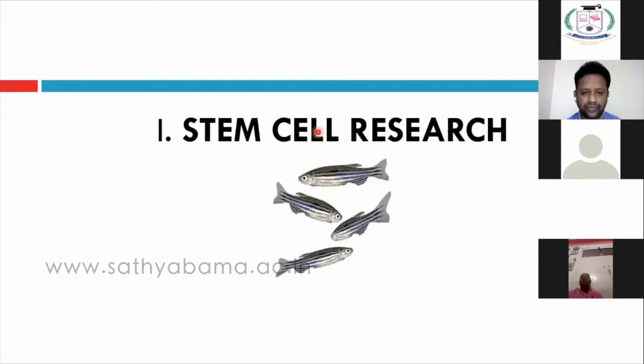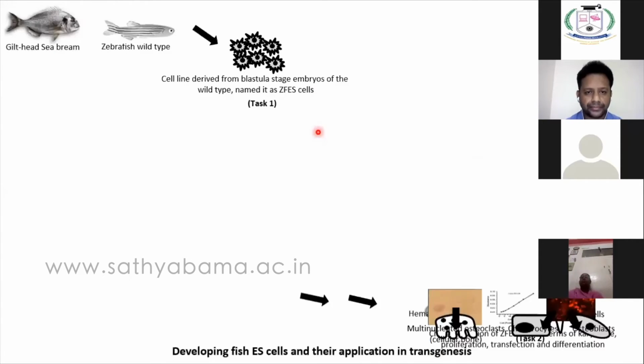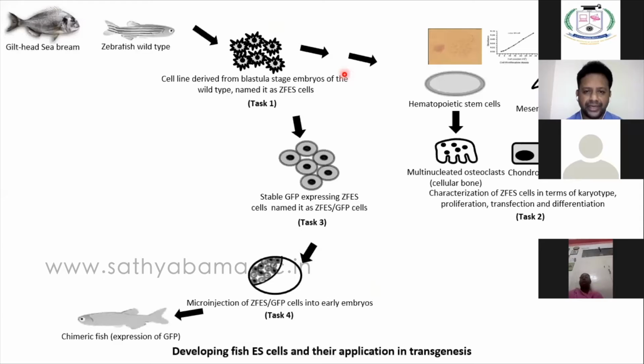So first we can go for stem cell research. This is a project we got four years back from DST. The main idea of this project is to develop stem cells from the blastula stage of zebrafish. From the blastula stage, we will isolate the cells by any of the methods which I told you at the beginning. Then we will stably transfect a gene which always expresses a red color, that is, red fluorescent protein.